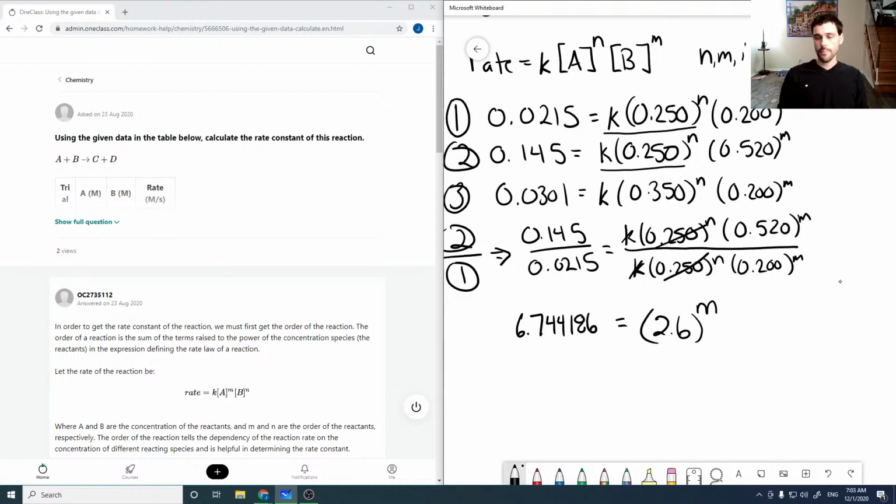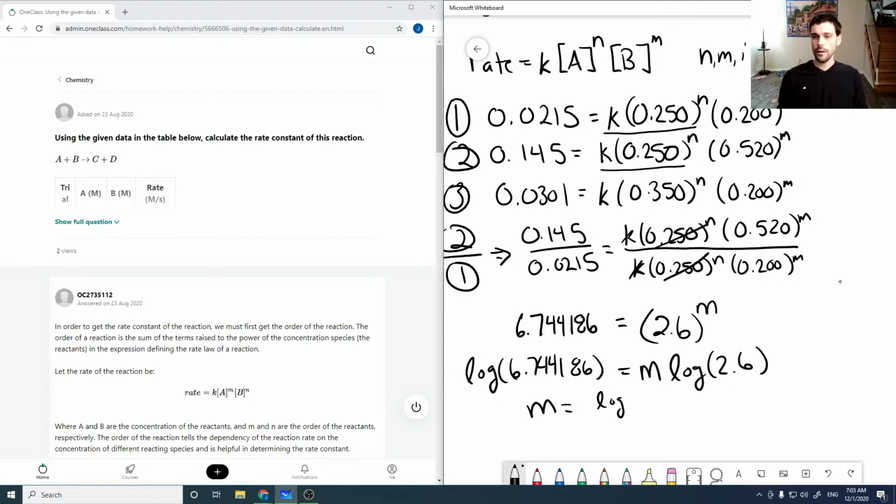To solve for M now, we need to take the logarithm of both sides and use one of the log rules. So log 6.744186 is equal to, if we take the log of this, we can bring the power down. So that becomes M log 2.6, or M equals log of 6.744186 over the log of 2.6.